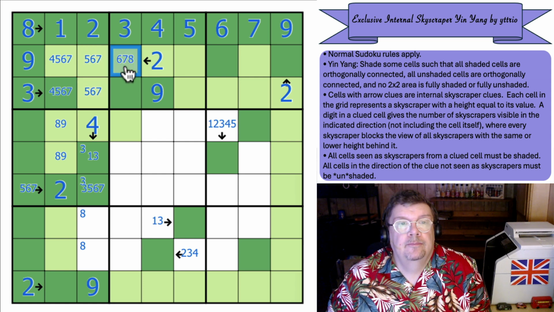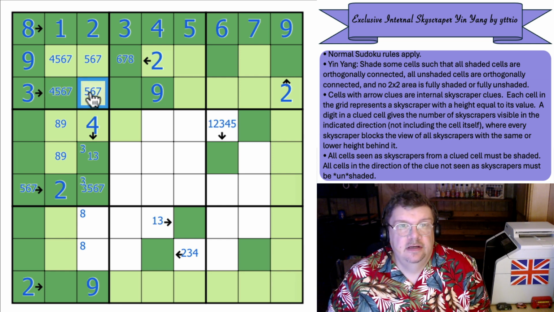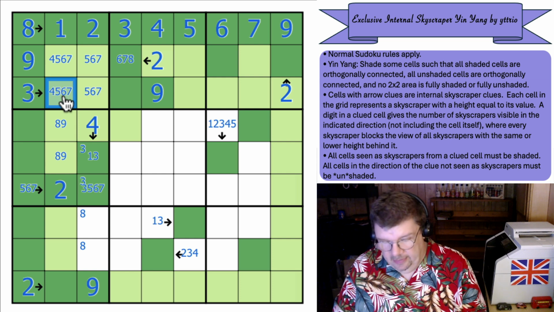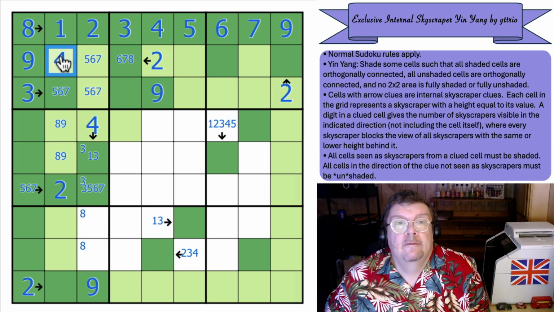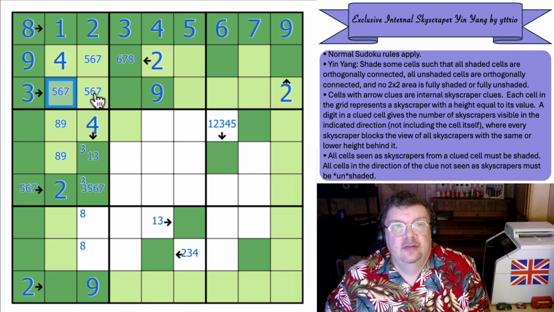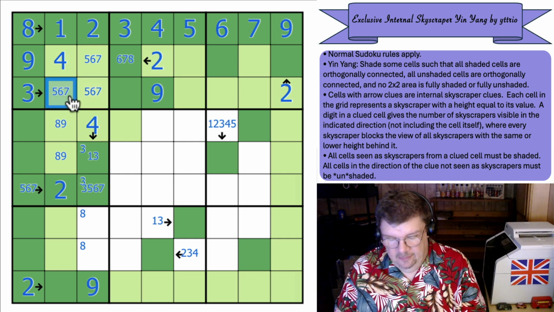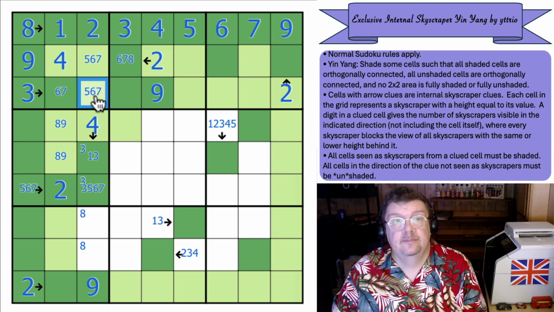Right. This digit has to be larger than this digit, because if this was smaller than this digit, then this digit would be seen and be shaded. So that can't be a 4, and that makes this a 4. This digit, again, must be larger than this. So that can't be a 5, and that can't be a 7.